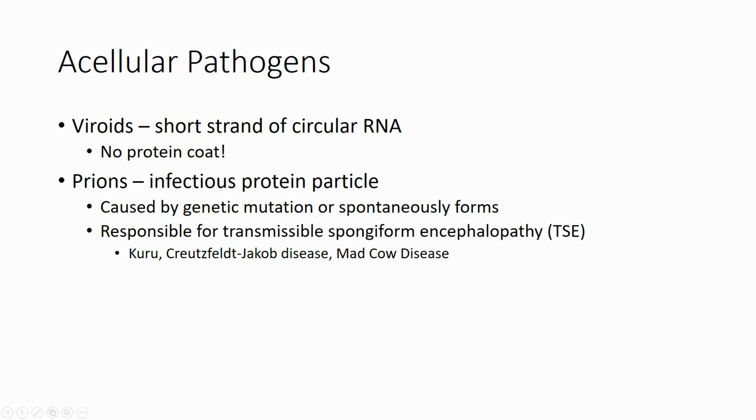The last thing for us to discuss are the two other acellular pathogens just to mention, viroids and prions. The prions are the ones that are really interesting. Prions are considered infectious protein particles. They do not have any RNA or DNA.